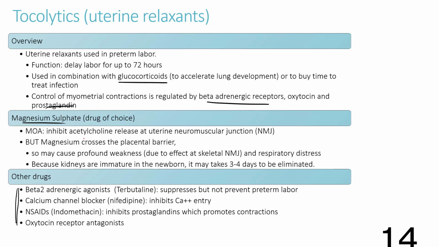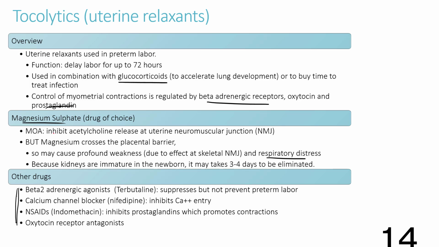But it also crosses the placental barrier and enters into the fetal circulation, so it can cause profound weakness of the fetus, right? And it can also cause respiratory distress, which is what we want to avoid in a premature preterm baby.